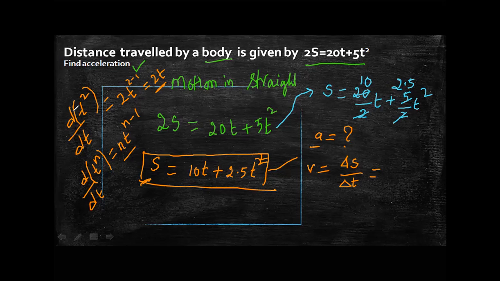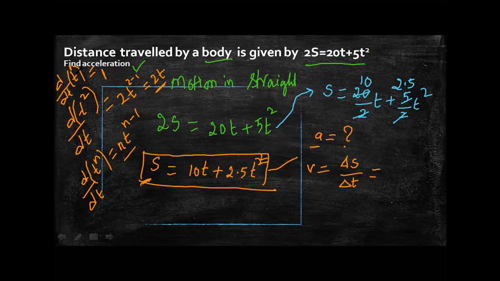Suppose I keep the t here, what am I going to get? d by dt of t. t means t power 1, right? So n is equal to 1, which means 1 t power 1 minus 1. So t power 0 is how much? Only 1. So when I keep t, I'm going to get 1.